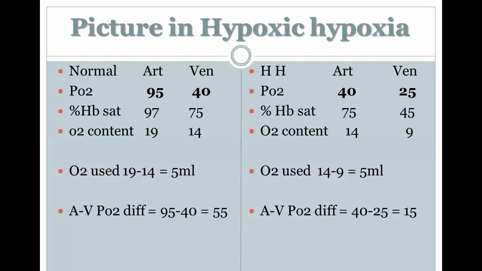More than 30. حرام عليك. الإيكويشن إيش؟ arterial minus venous saturation. صح؟ مش هي كده؟ عندي 97 ناقص 75 كام؟ 22. It's normal between 20 and 30. Saturation extraction normal between 20 and 30.